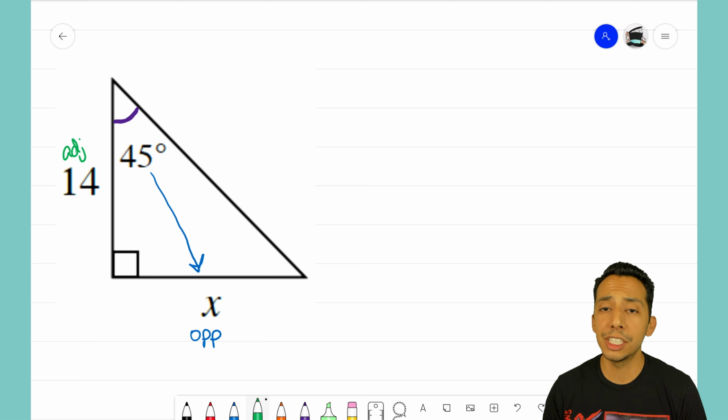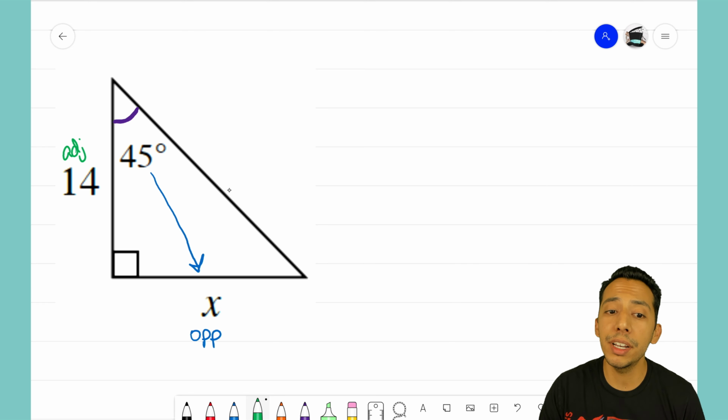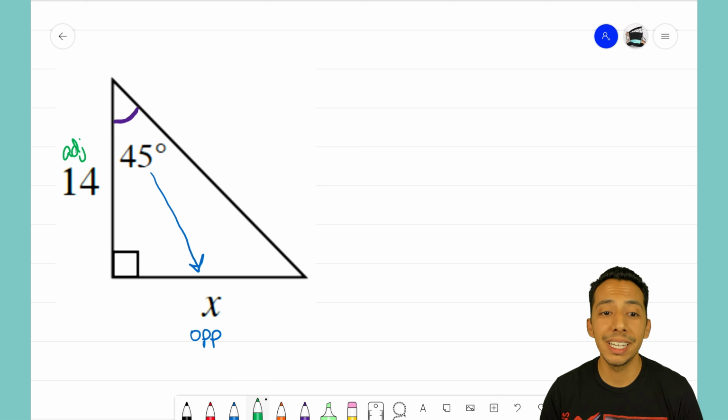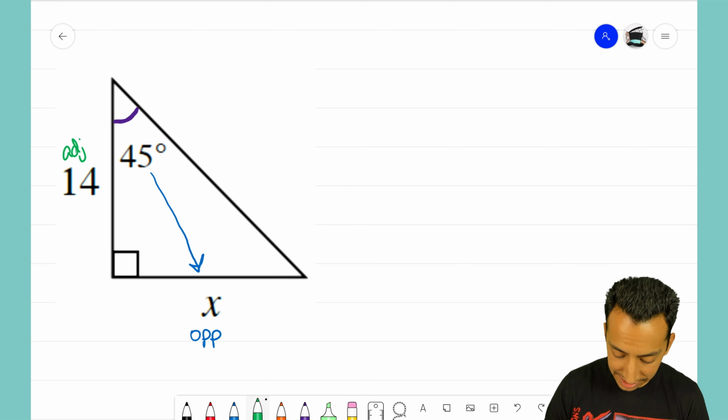Remember, adjacent just means next to. Now notice I do not care about the hypotenuse for this triangle because it has no value and no variable. So in this case, the hypotenuse is sort of just forgotten about. All I'm focusing in on is the opposite and the adjacent side.